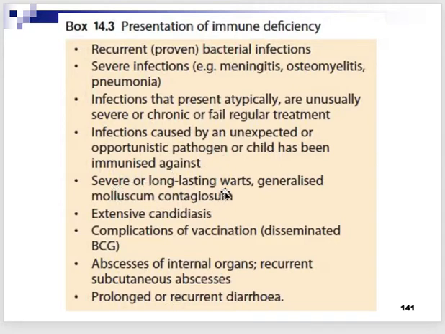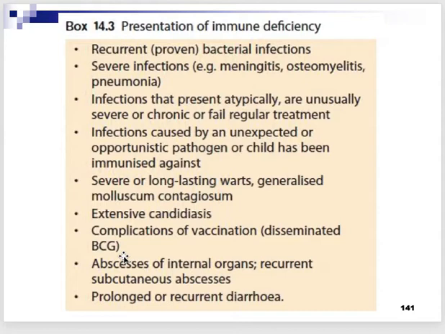Severe or long-lasting warts or generalized molluscum contagiosum. Now, this one is a viral infection. Extensive candidiasis. Candidiasis, which is a fungal infection, is quite common, but here it is written extensive, so it means on multiple parts of the body. And it could be complications of vaccination, like a baby who gets a vaccination like BCG and gets a complication out of that.